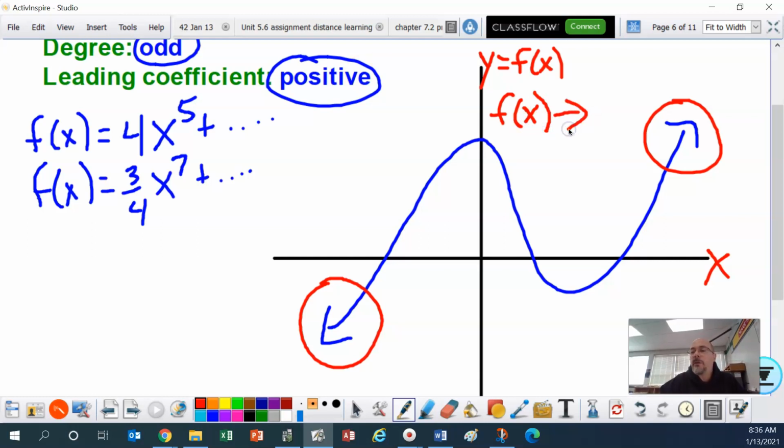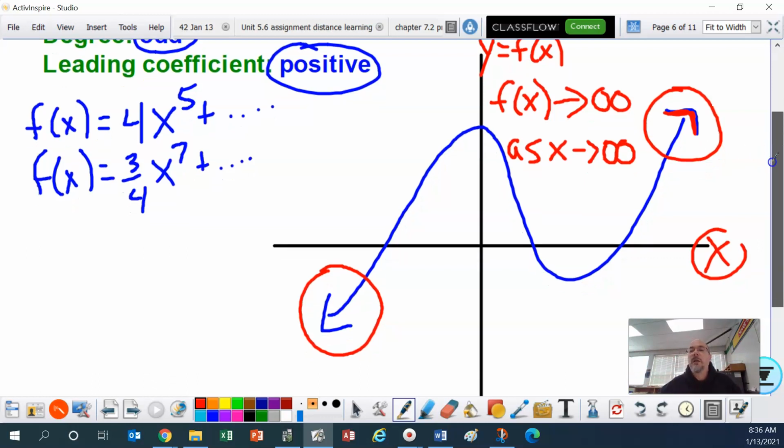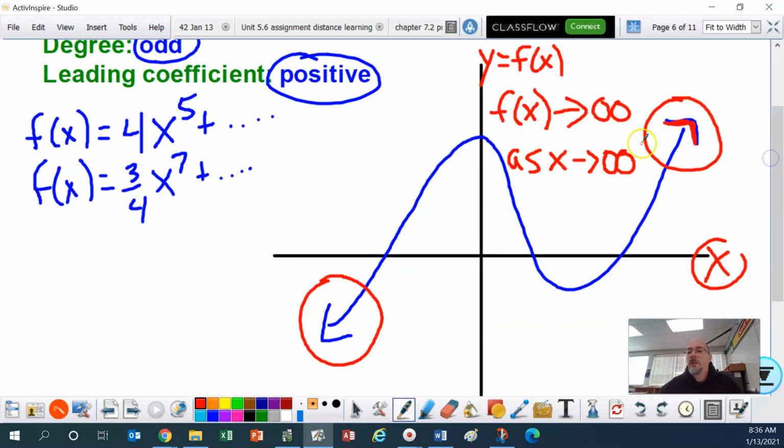As f of x goes to, now that arrow is going on forever, right? As the y value, the f of x, is going to infinity, as the x value, which is going to the right at all times, is positive infinity. Sorry, I have to make my infinity symbols with 2 circles on their side. I can't do the one motion infinity very well. So positive infinity, both of them.